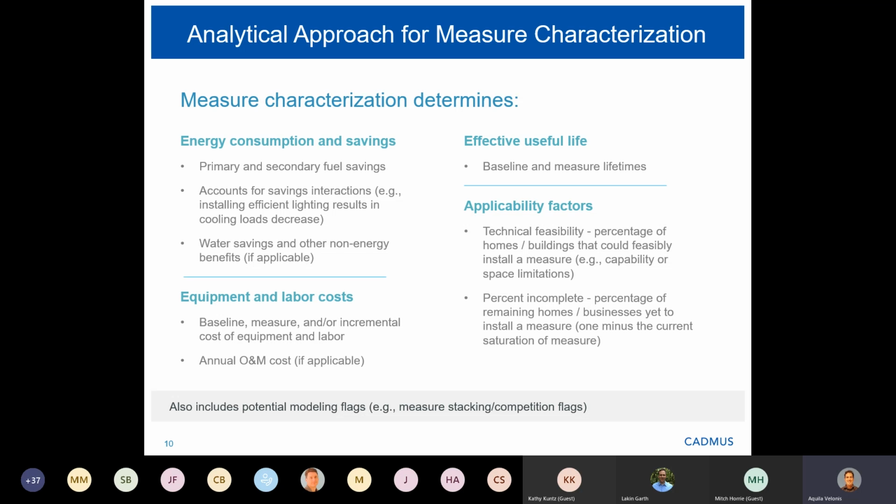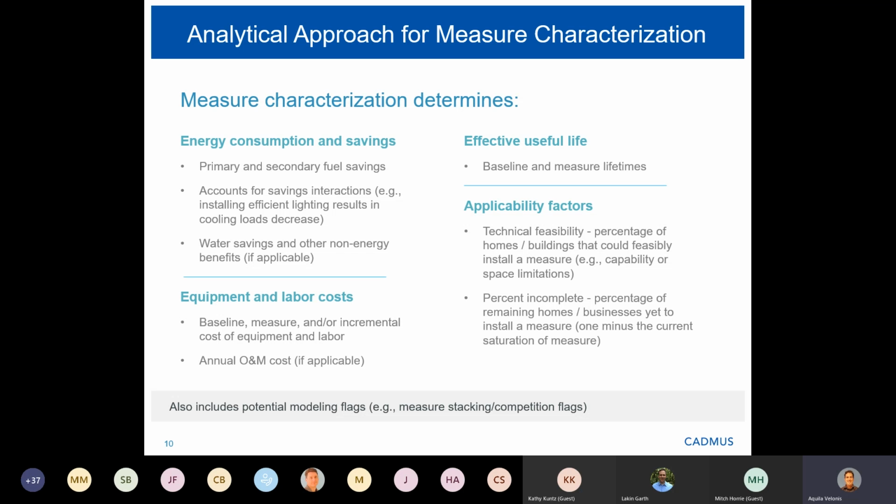When assessing the electric potential, a retrofit attic insulation measure saves electric energy, say from a central air conditioner. That represents the primary savings. But there's also secondary savings for those customers who have, say, natural gas heating. We want to account for that secondary fuel savings when we assess cost effectiveness, so we have to do those calculations as well.